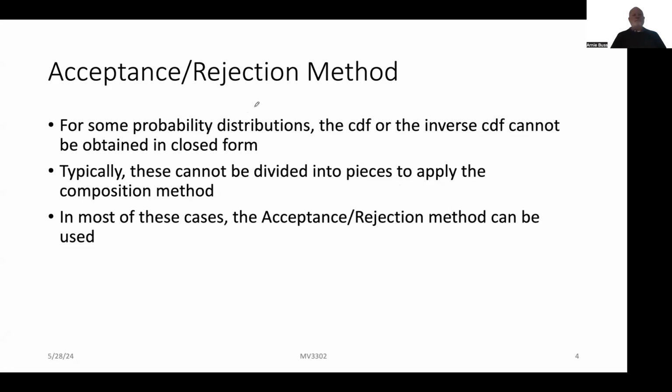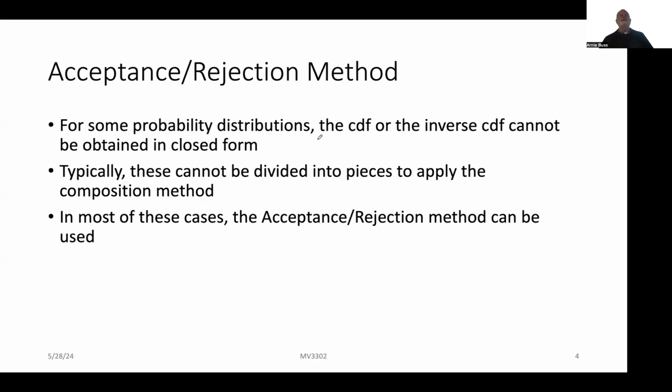Anyway, for some distributions we're still kind of stuck. Why? Because even the composition method relies on the fact that we can cut it into pieces and deal with the pieces. But there are some probability distributions, even some standard ones, where we can't use the inverse transform method.